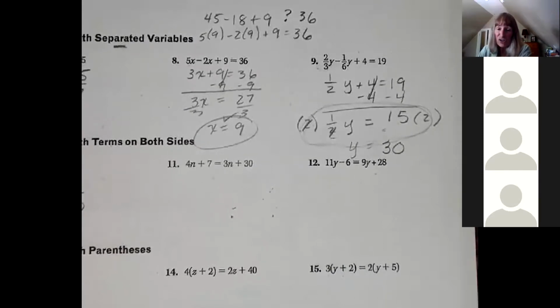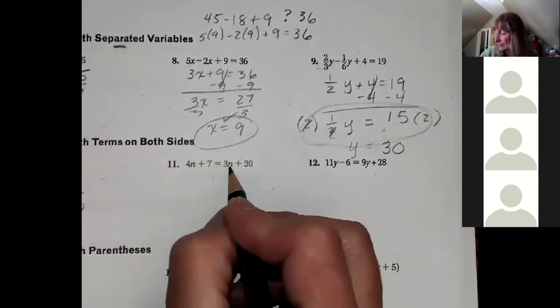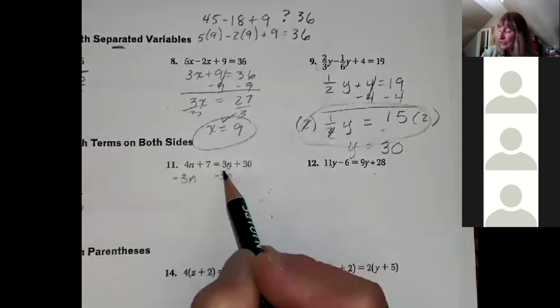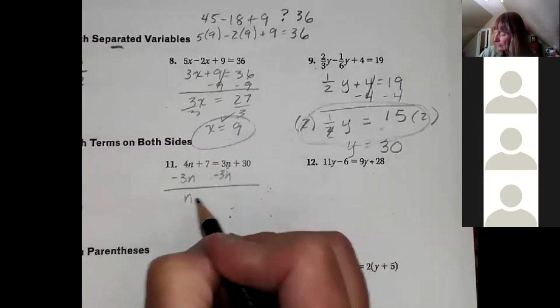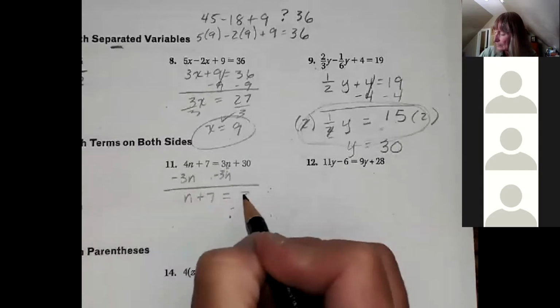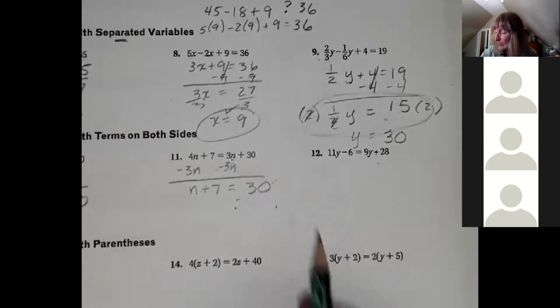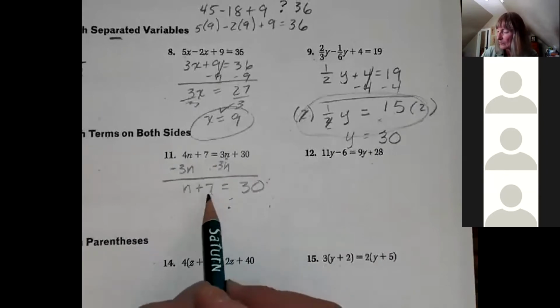So there's actually 2 different steps that we could do first, and either one is fine. But I like to get rid of this thing over here first. We're going to get rid of the term with the variable in it first. And secondly, we can get rid of this constant here.